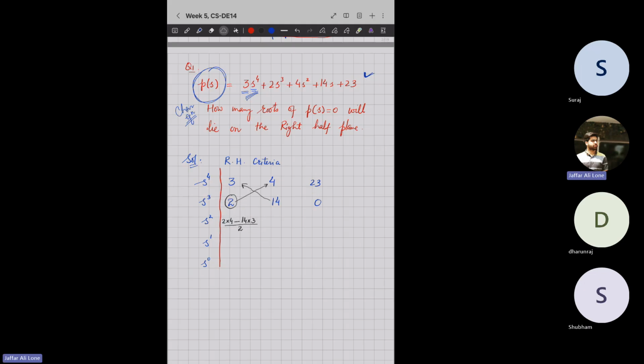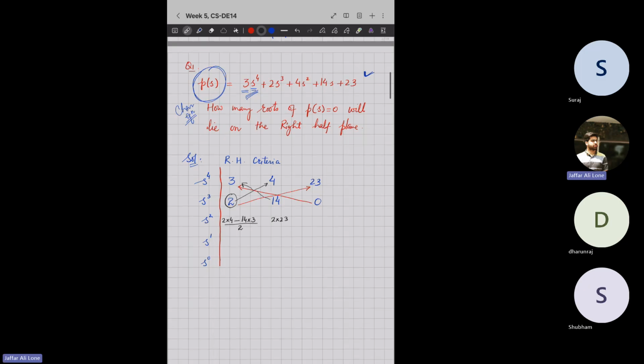Now the second element: this into this, then this into this, not this, sorry, and then divided by the first term. So I'll write it here, 2 into 23 minus 0, 0 into 3 is 0, divided by 2.